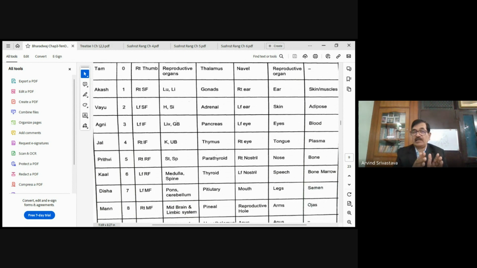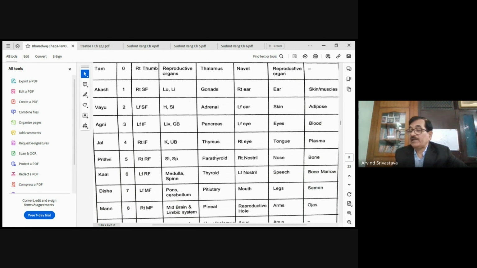What is Akash doing? Akash is giving oxygen, and at the same time it takes out our carbon dioxide, infections and all these toxins outside into the cosmos.